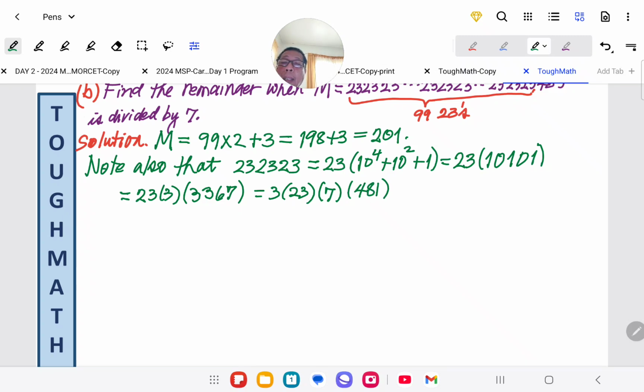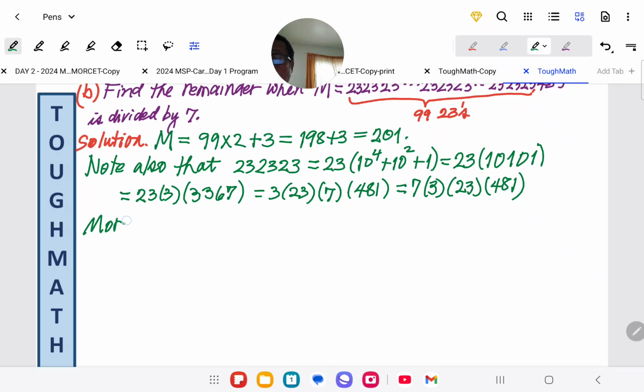Okay, let's put the 7 in front. So we have 7 times 3 times 23 times 481. We put the 7 in front because our problem is to determine the remainder when the number m is divided by 7.